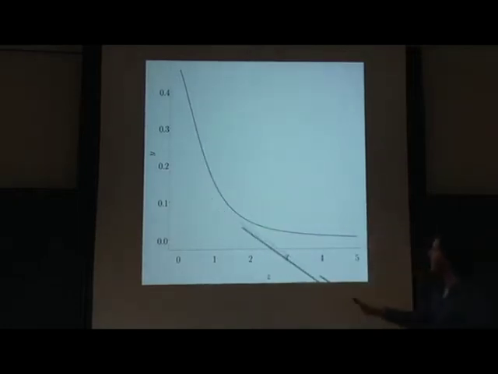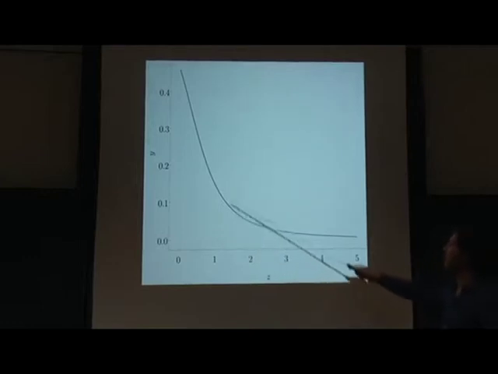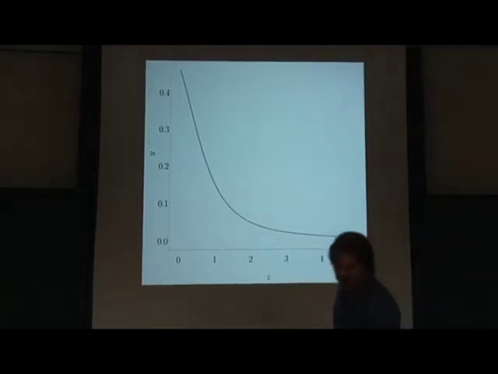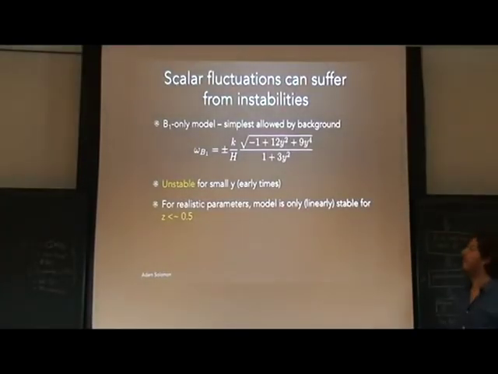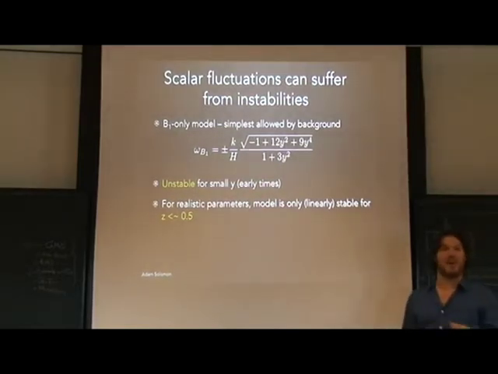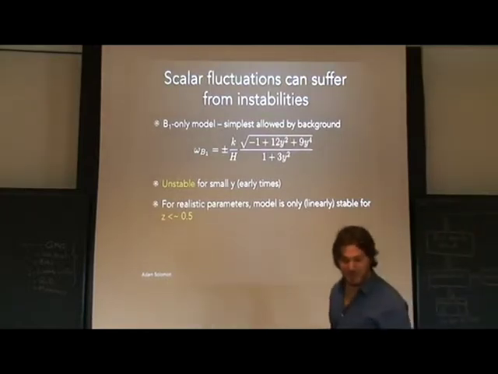What you see is that for all these redshifts below about 0.5, y is small enough that the thing inside the square root is negative, and you get this great instability happening. So this model is very nice in the background, but you can't use perturbation theory pretty much at all until extremely recent times, which is a bit of a problem.